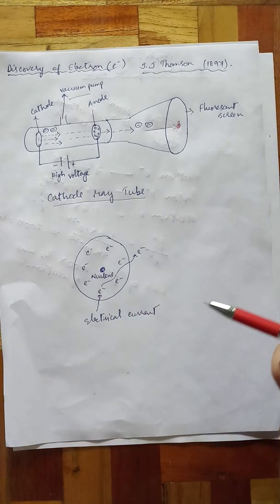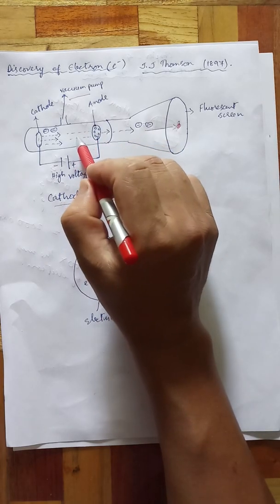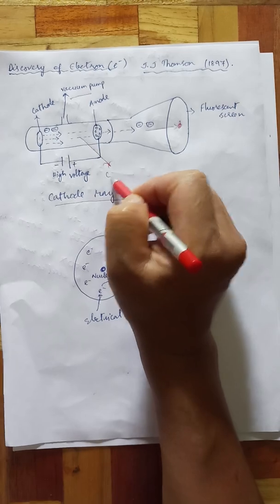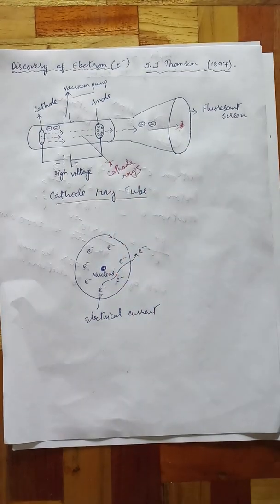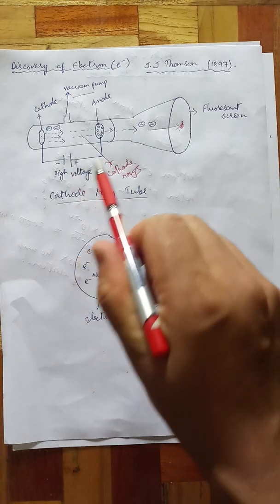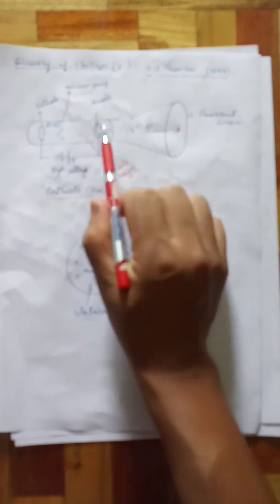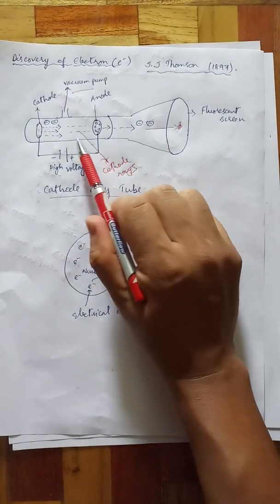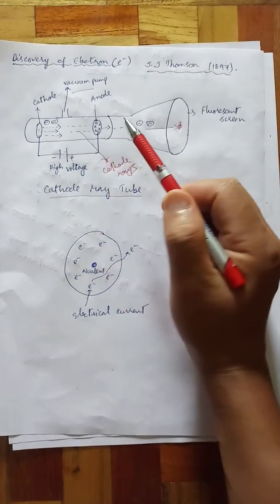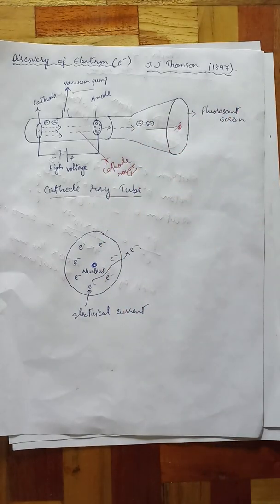These fast moving electrons form the cathode ray. This flow of electrons from cathode towards the anode is called cathode rays. This is how Sir J.J. Thomson discovered the electron.